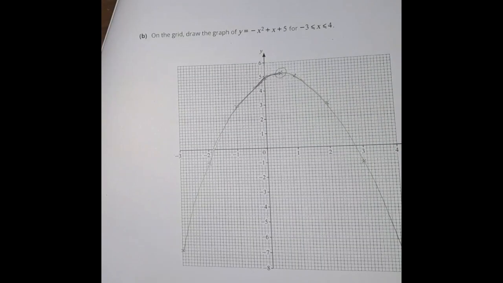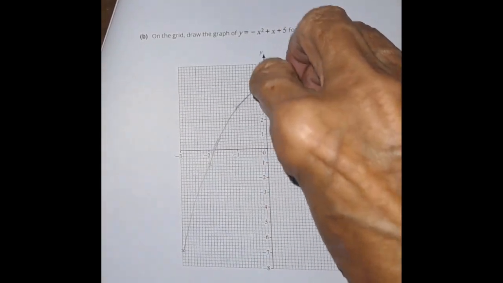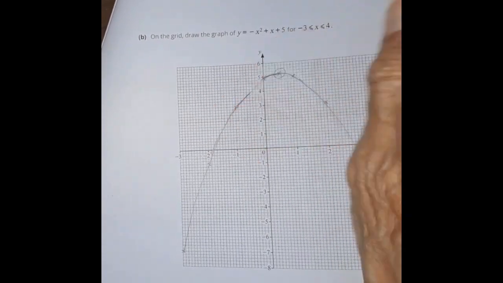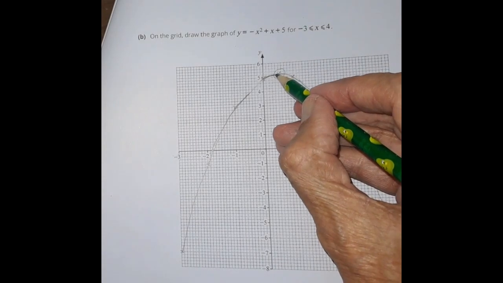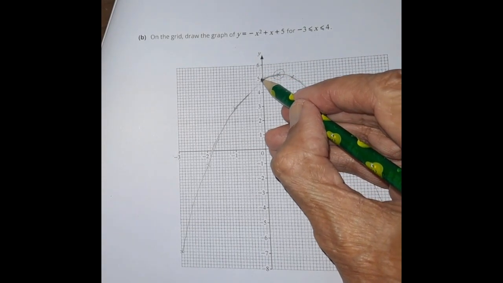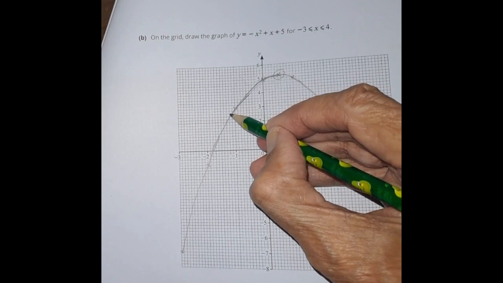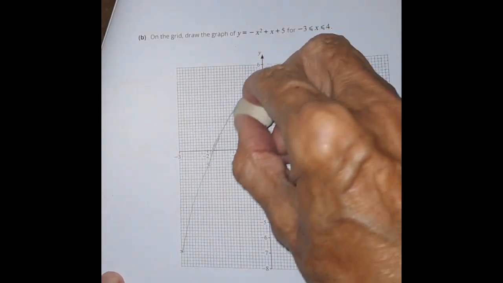Question. I don't like this place, double line, so I would like to correct it a bit more. Like this, okay, and rub it off.